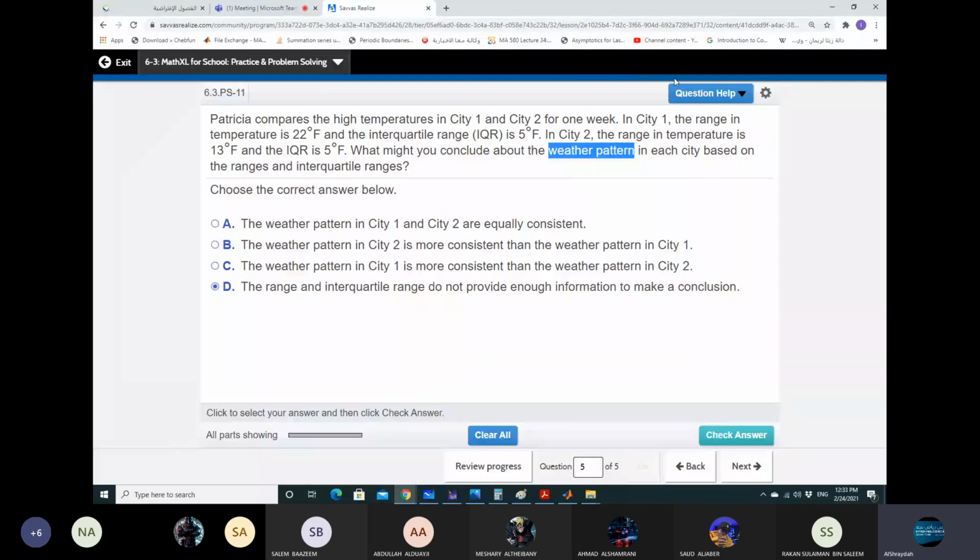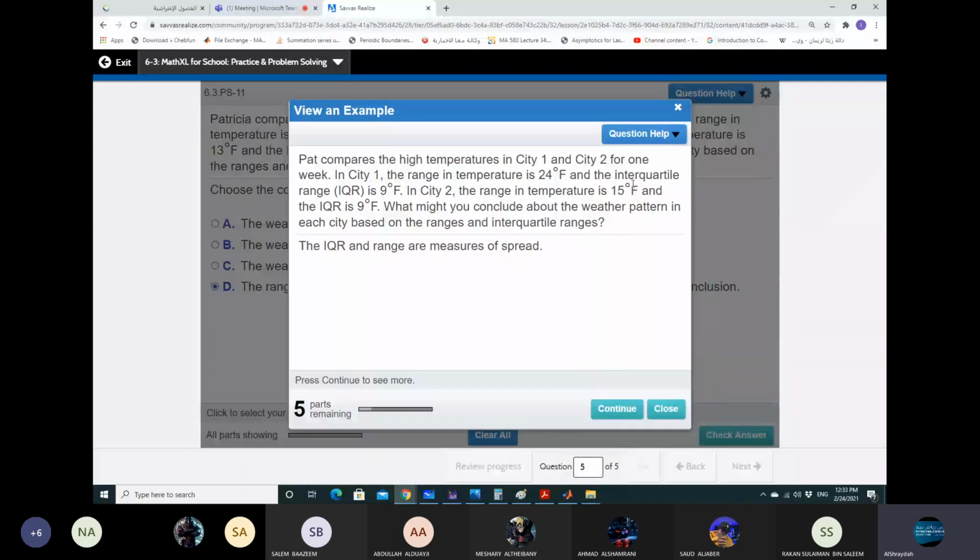Let's see a question to help here. Here we have two temperatures: the range is 24 degrees Fahrenheit and the interquartile range is 9, and here in city 2, the range is 15 and the interquartile range is 5. These are measures of spread, so compare the IQR and the range.